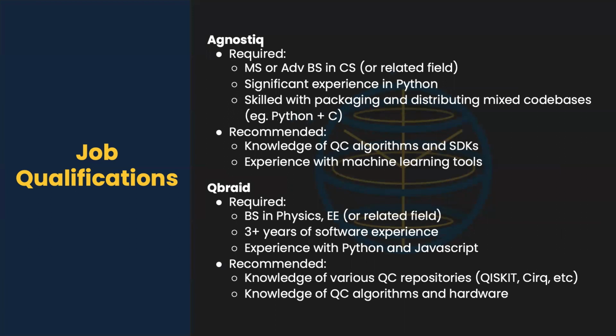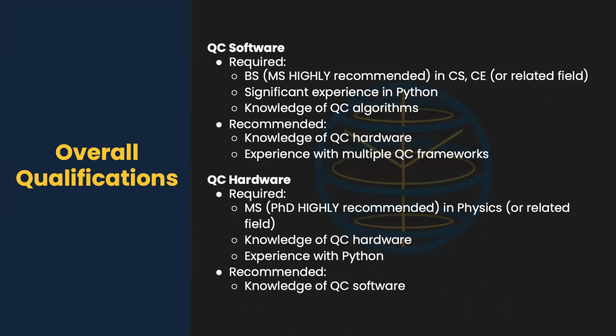I think the more software quantum computing jobs tend to be more like you need a bachelor's, prefer a master's, and then experience in CS with maybe some knowledge of hardware, versus hardware is like you need a master's and maybe a PhD, and then you need a knowledge of hardware, and if you have some experience with software, that's good too.